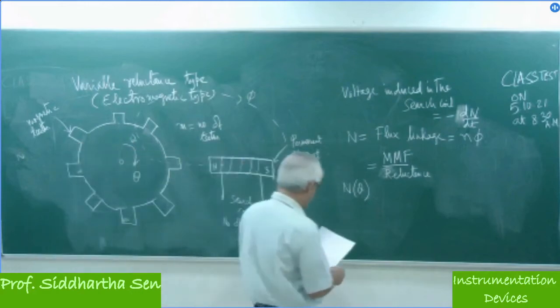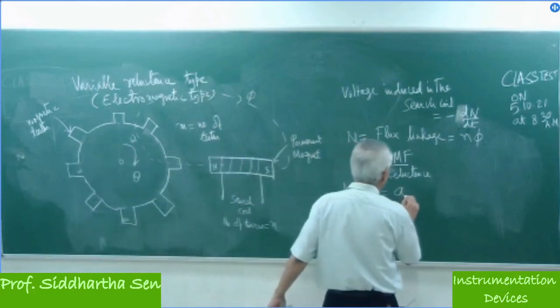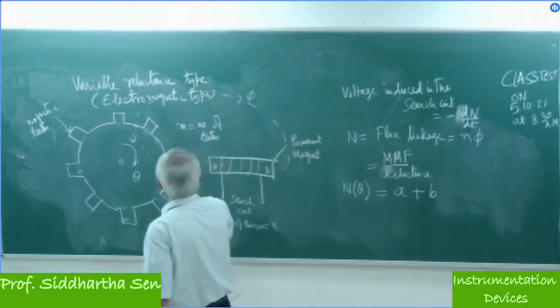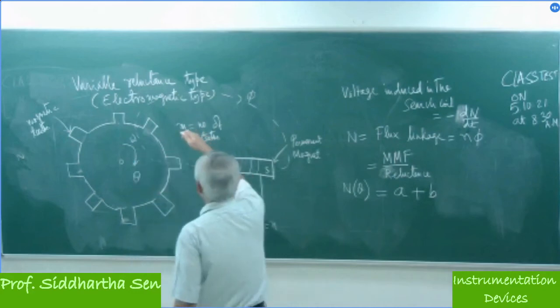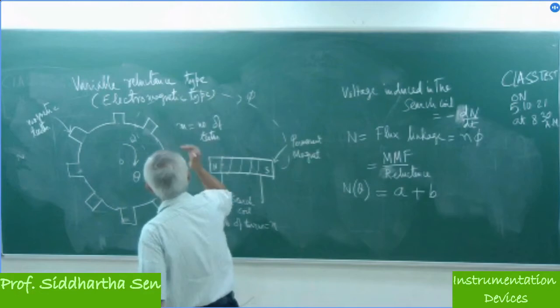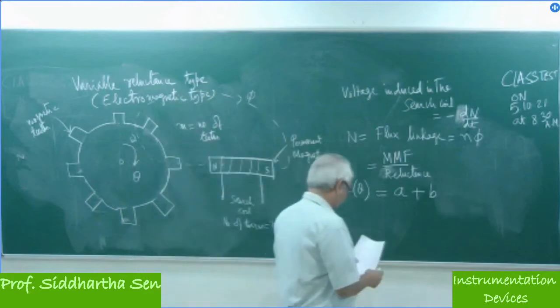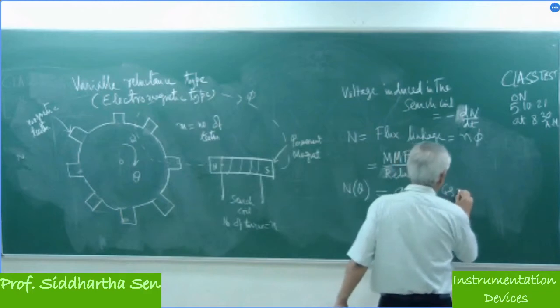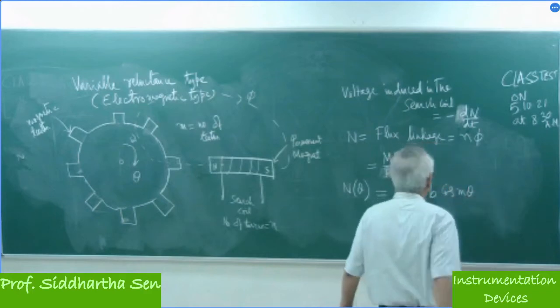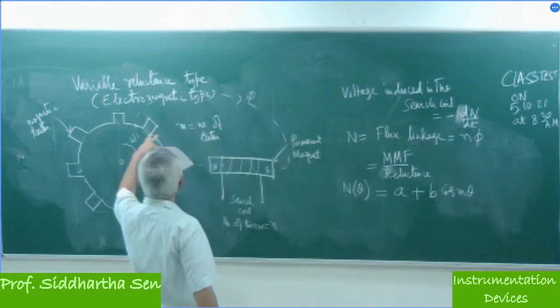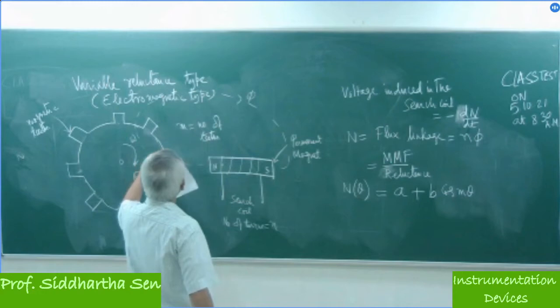In general, this is equal to some constant value of flux plus a periodically changing flux because of the presence of the teeth, which we can write as B into cosine of m theta. What is m? We have already said, it is the number of teeth, because the periodicity depends upon the number of teeth.